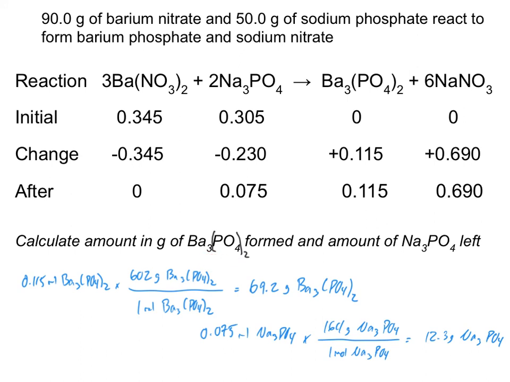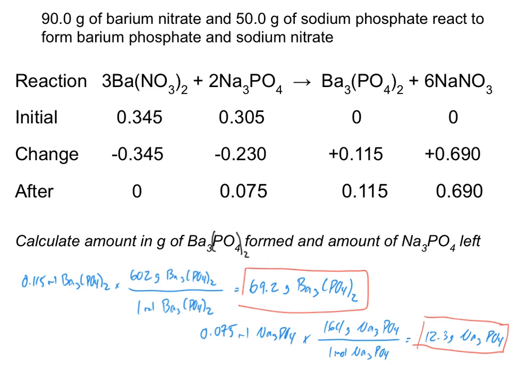But we perform our calculation, and we see that we're going to form 69.2 grams of barium phosphate, and we'll have 12.3 grams of sodium phosphate left over, which were the final calculations that we were actually looking for.